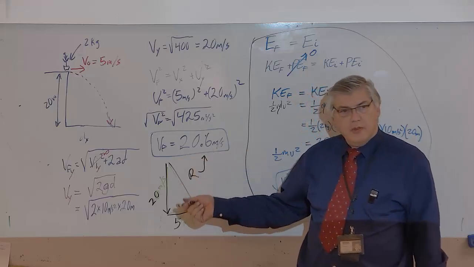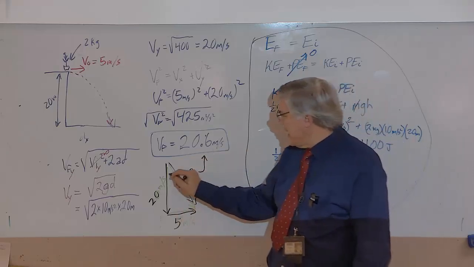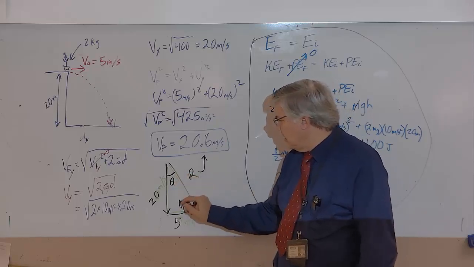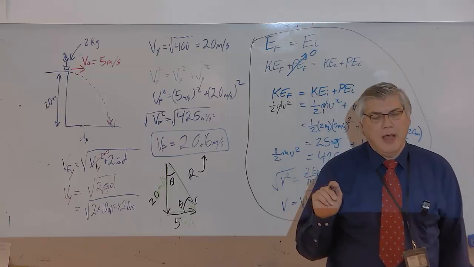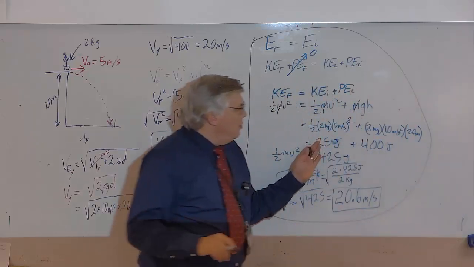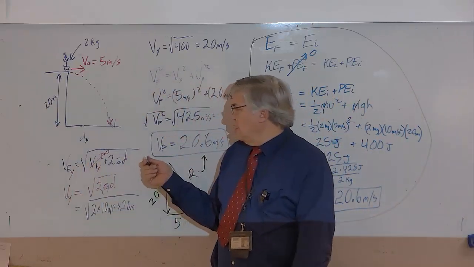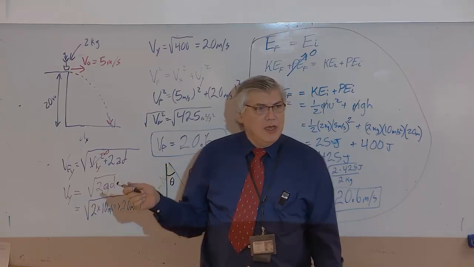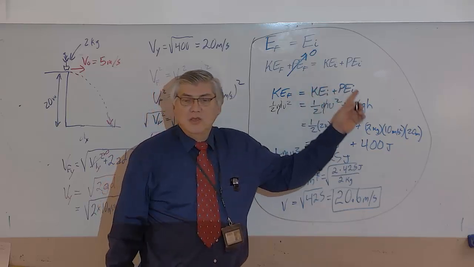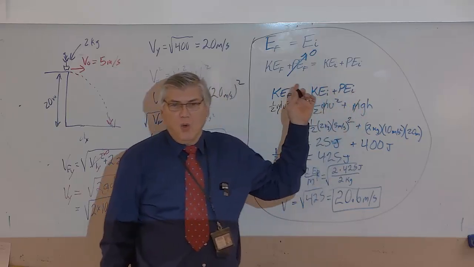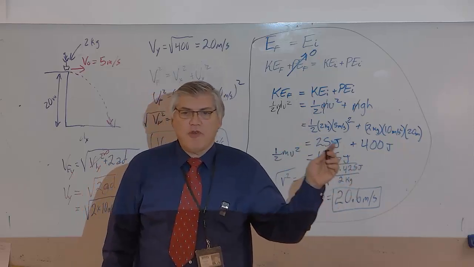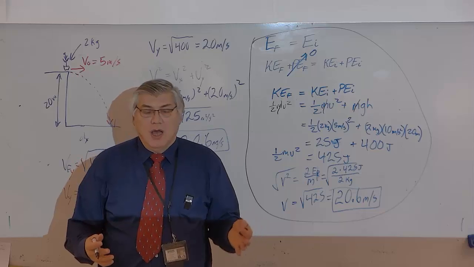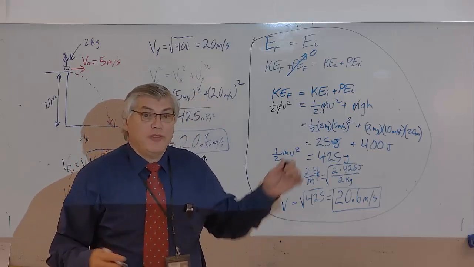With doing it with kinematics, I can separate this out and I could solve for, say, this angle or this angle if I wanted to. All right? I can't do that with energy because unlike this velocity here, which is a vector quantity, energy is not a vector quantity. It's a scalar quantity. So when I solve for the final velocity, I can't really determine the direction with the energy equations.